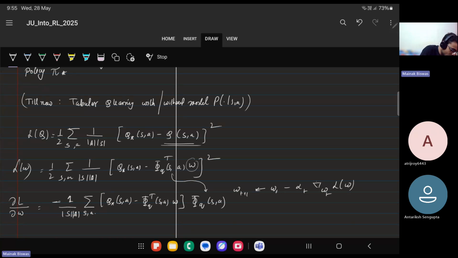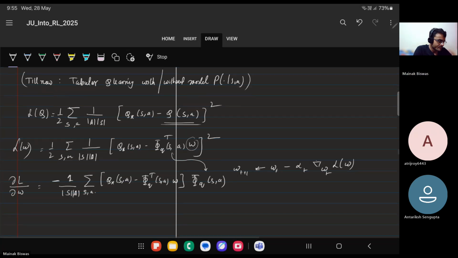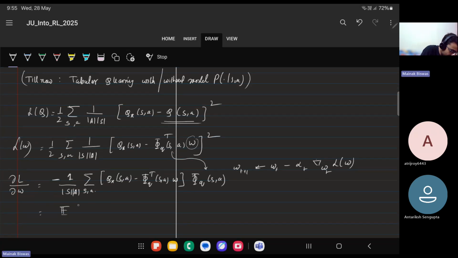I have a negative term as well. So this is essentially an expectation, where S comma A is sampled uniformly between 1, 2, ... nk. Yes or no? So S comma A is uniformly sampled.